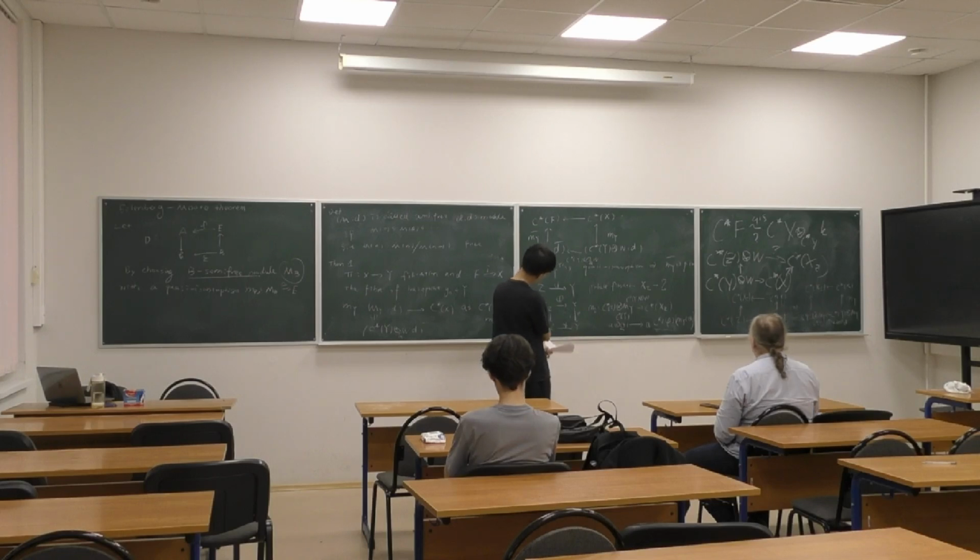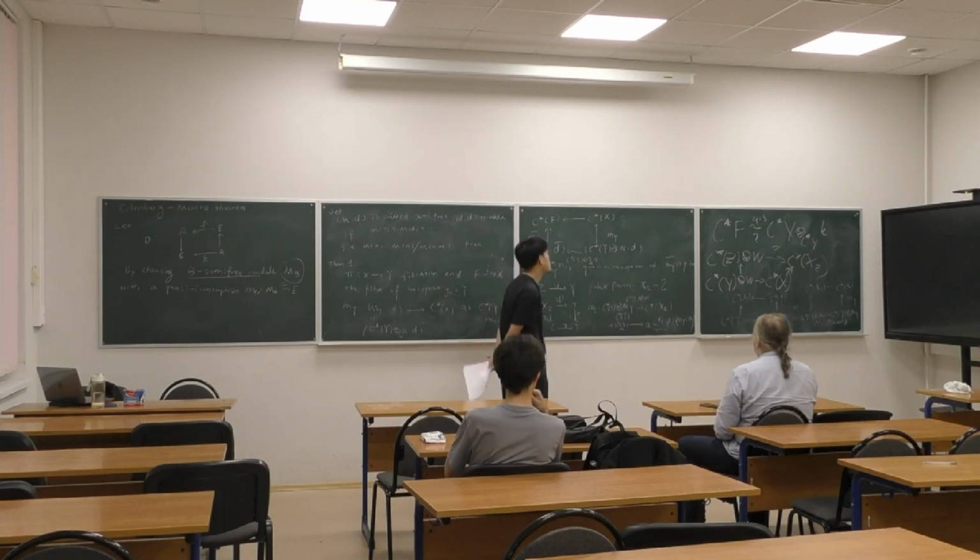I have a generator, some element of a basis of W. Okay, I know what its differential is in C of Y. Very well, I take the pullback into C of Z and get something, which probably works as a differential.